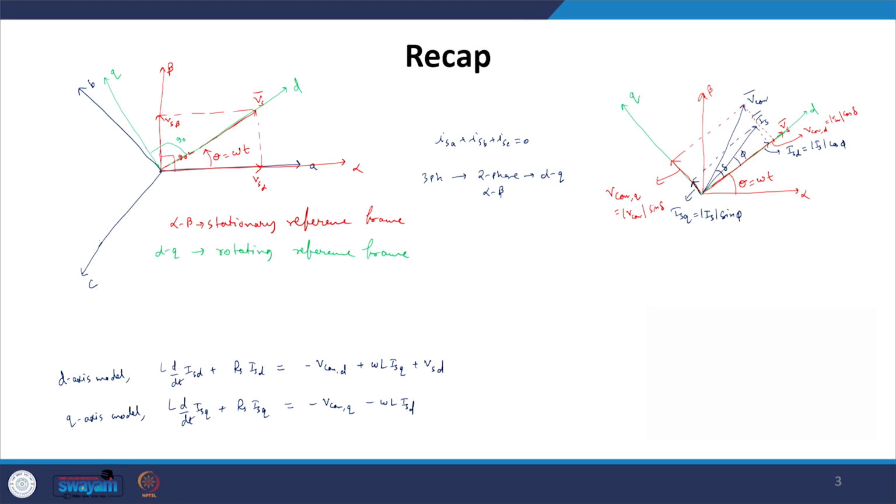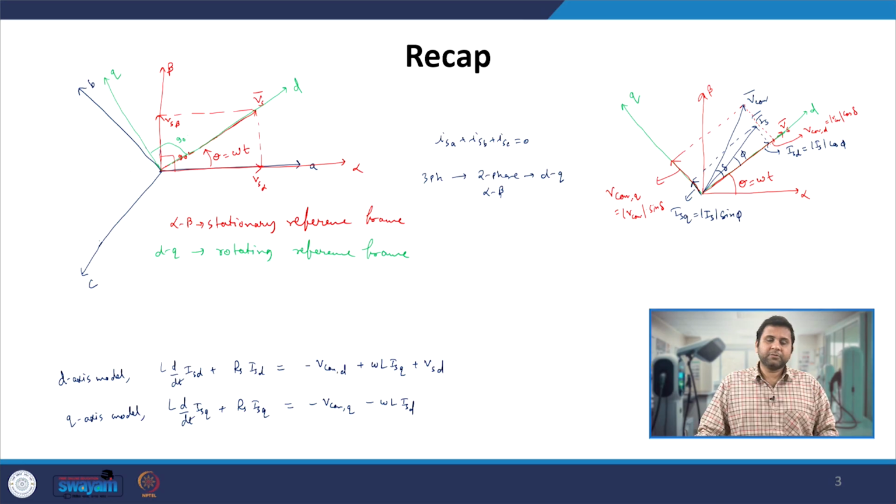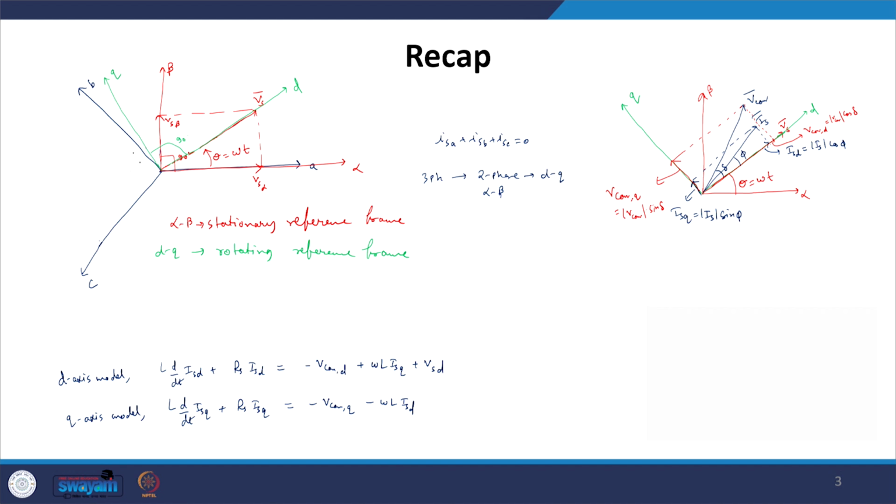That is why it is the reference space vector, and we align our direct axis along the supply voltage space vector, which is nothing but the Vs space vector. The quadrature axis is 90° apart from the D axis.